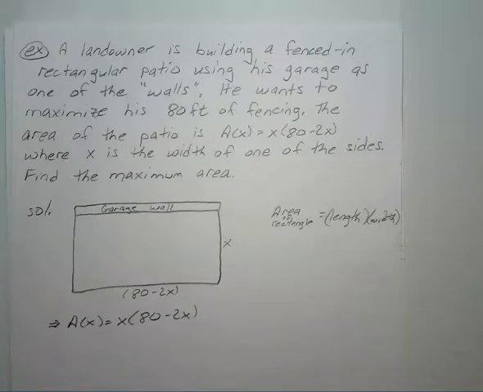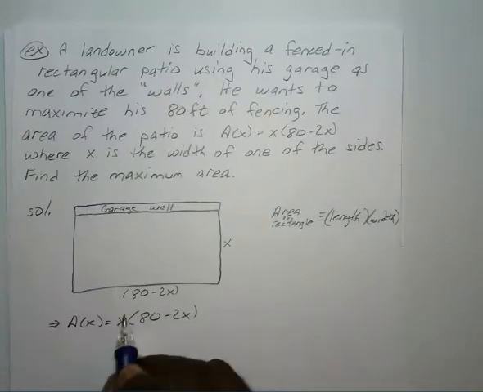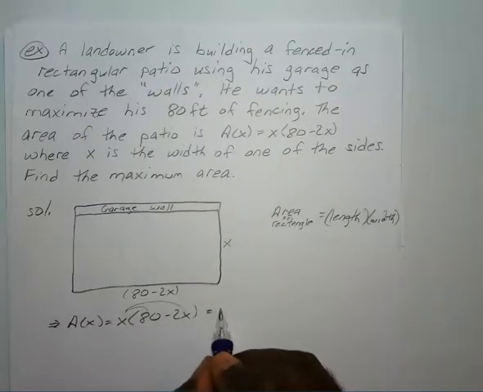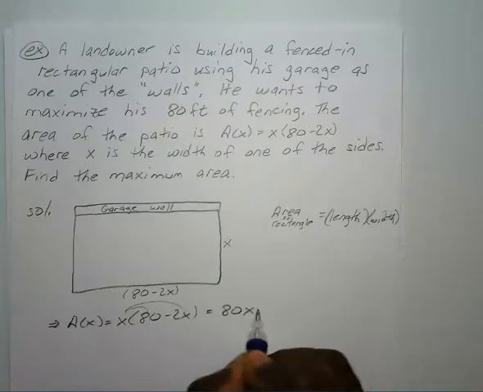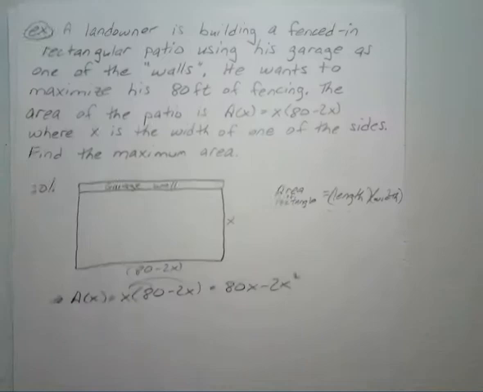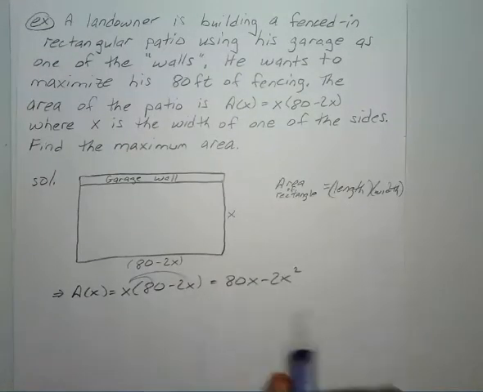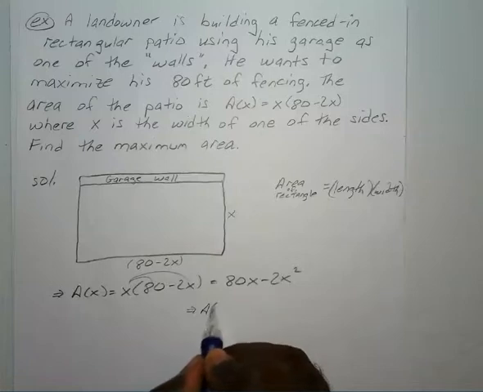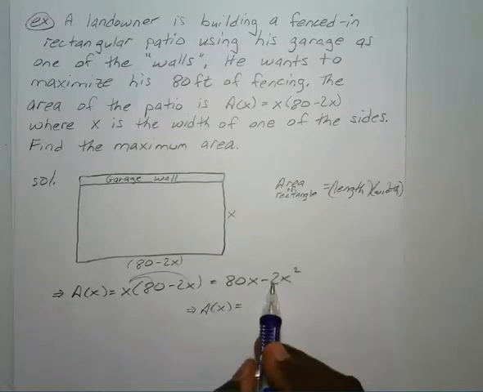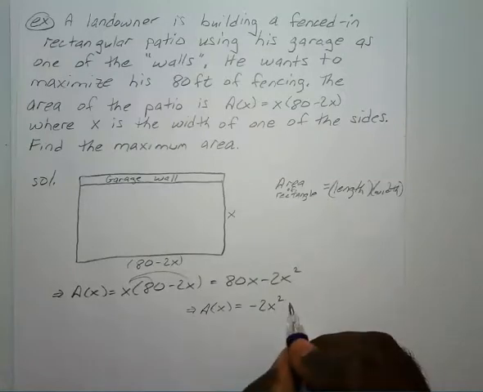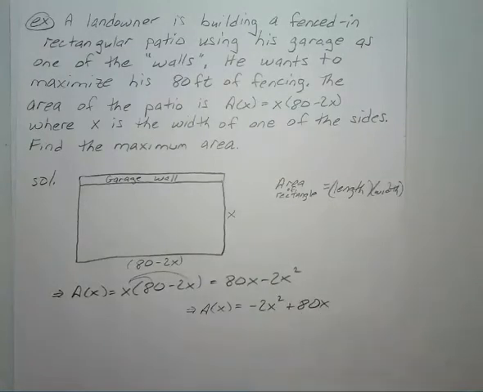Okay, so if we go ahead and distribute that because we want it in our quadratic form, that's 80x minus 2x squared. Or we can actually go ahead and rewrite that, because that gives us A of x equals, if we kind of switch those up, negative 2x squared plus 80x.